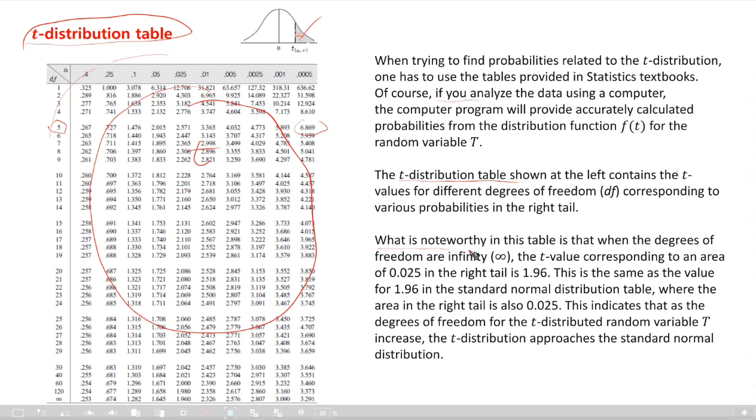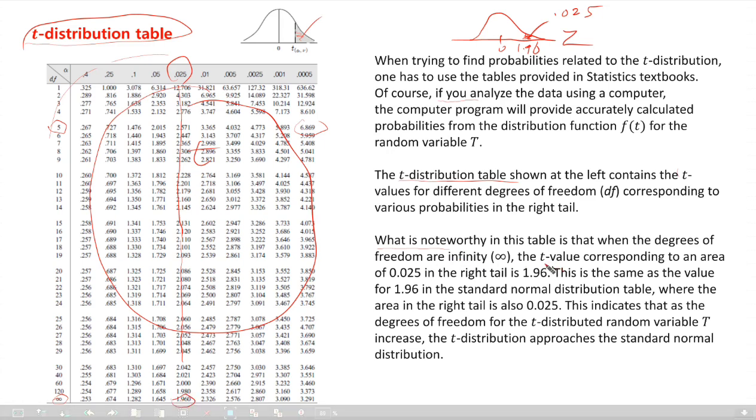What is noteworthy in this table is what happens when the degrees of freedom are infinity. In the standard normal distribution, 1.96 corresponds to 0.025. I mentioned it is a famous value of z, 0.025. So as degrees of freedom increase up to infinity, the value of t is 1.96, the same thing.